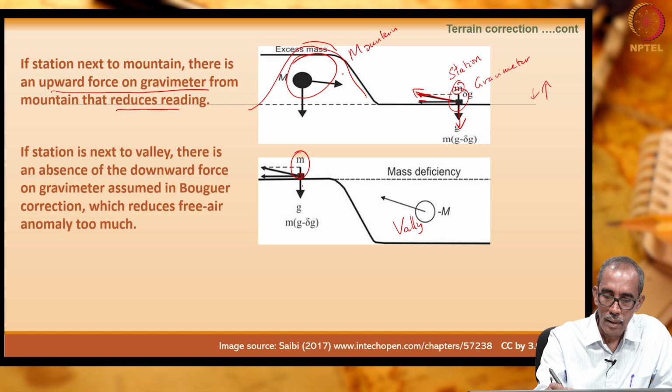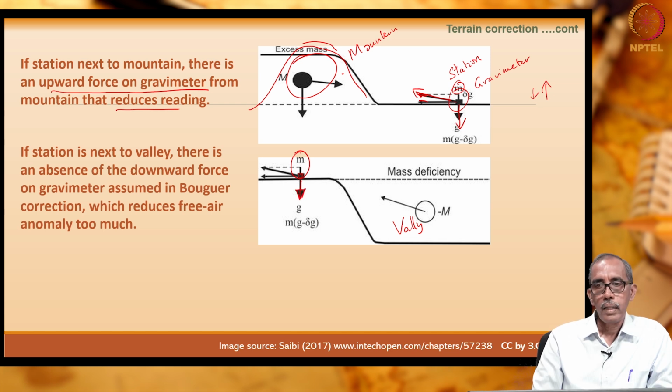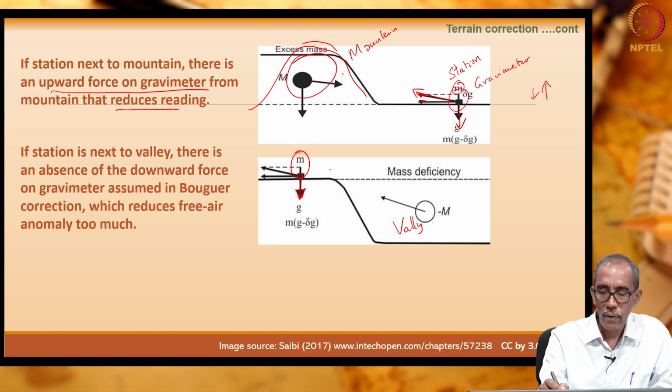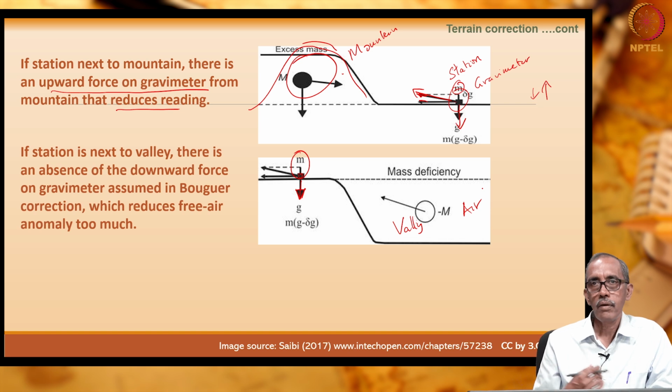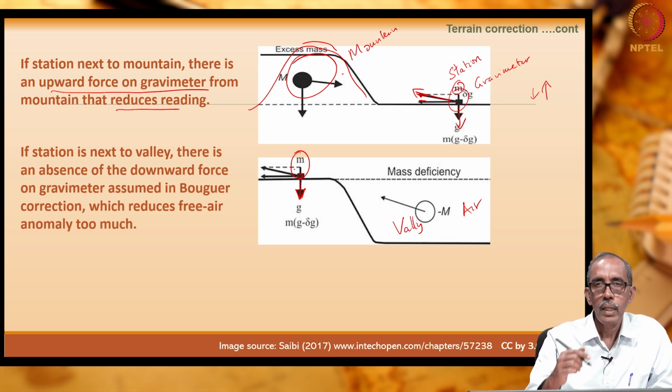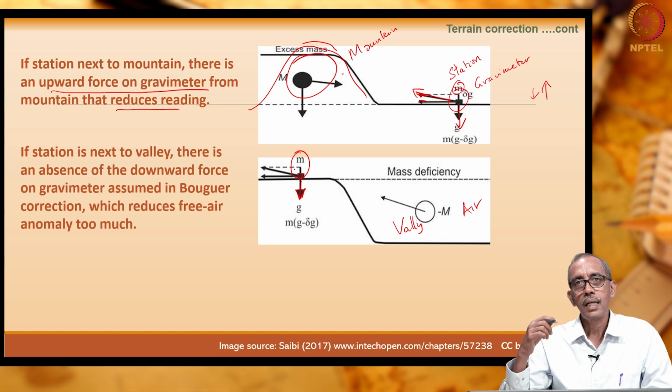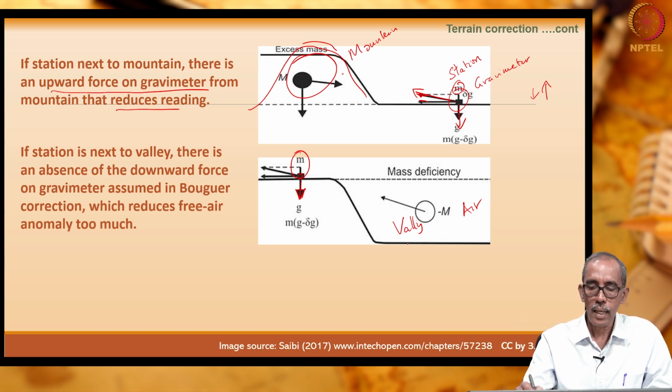This mass is attracted by the Earth's gravity. But adjacent to our gravity station, there is no material present, only air, because it is a valley. Due to this reason, the gravimeter is measuring a slightly reduced gravity value because the mass is absent here.